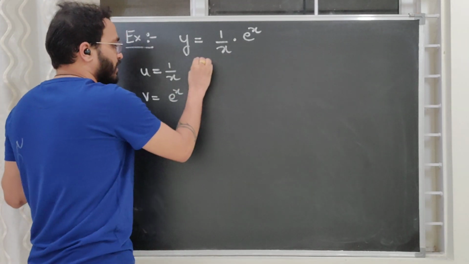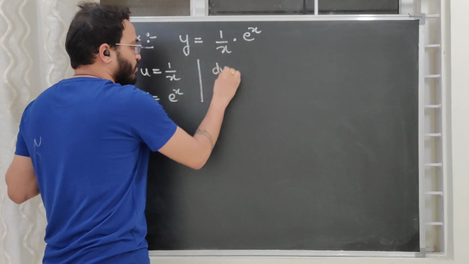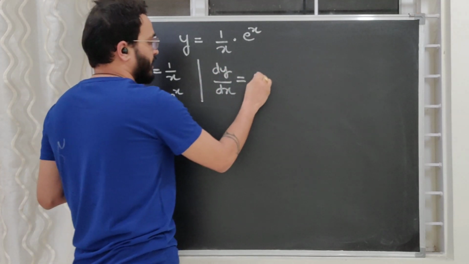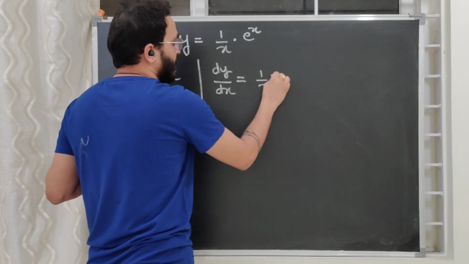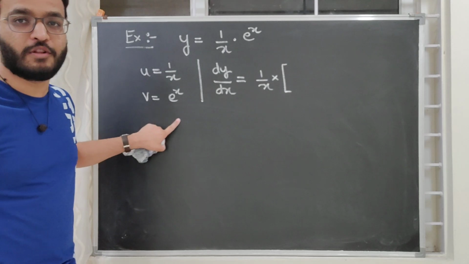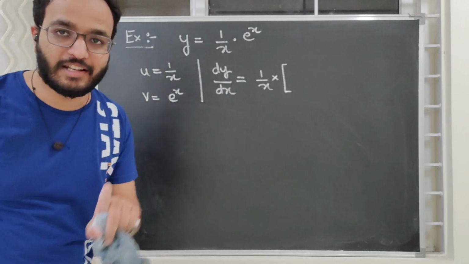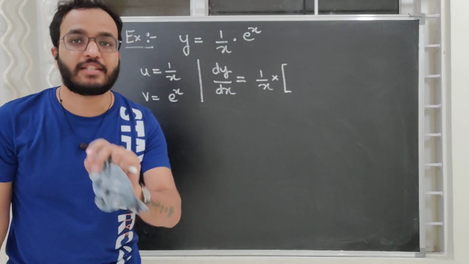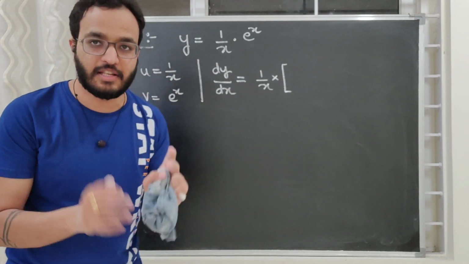Now, when you apply the product rule, dy by dx will become u times, that is 1 by x, times the derivative of v. What is the differentiation of e to the power x? In the last lecture, in the formula, I told you the derivative of e to the power x is e to the power x itself.